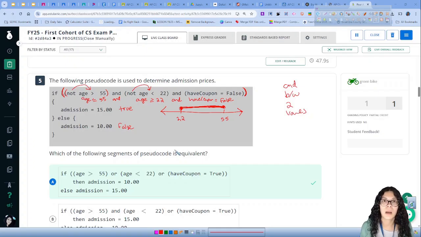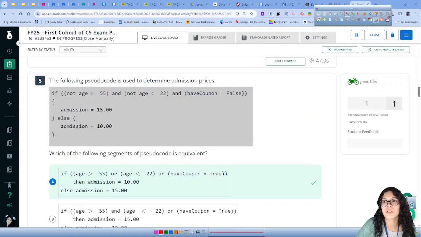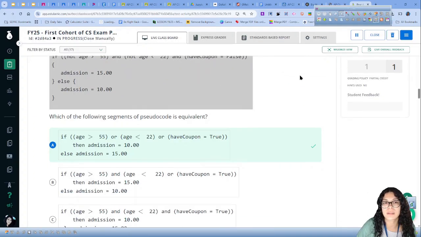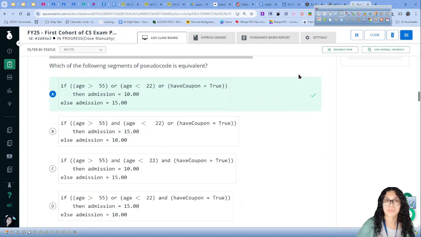If you have a coupon, you should pay less. If you are a student, you should pay less. And if you are a senior citizen, you should pay a smaller price. So now let's look at all of the answer choices to see which ones match that scenario.